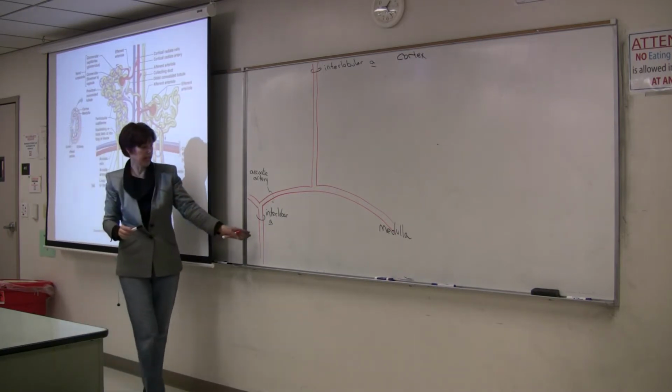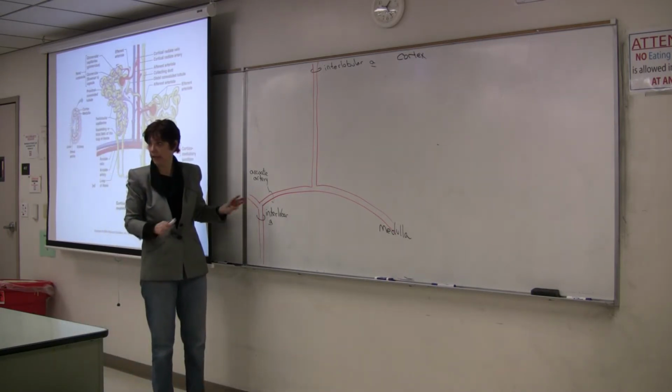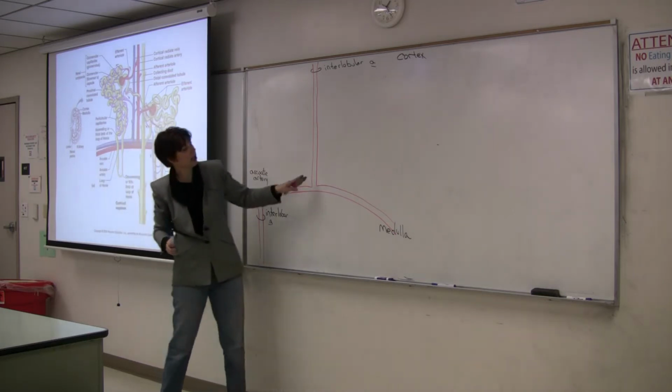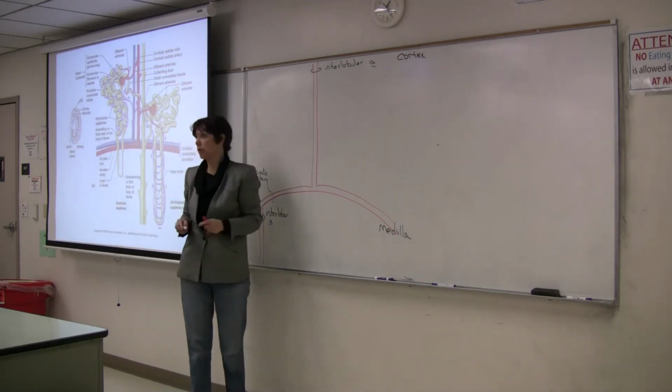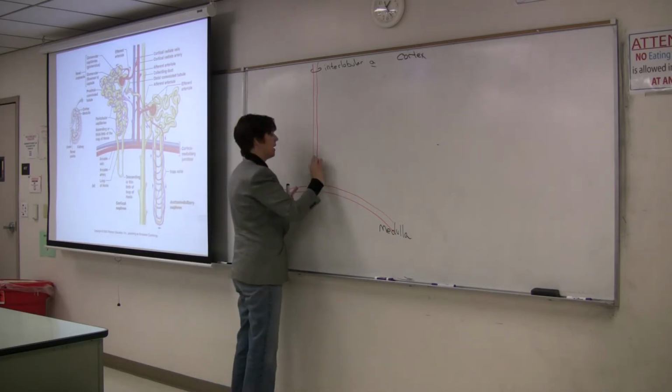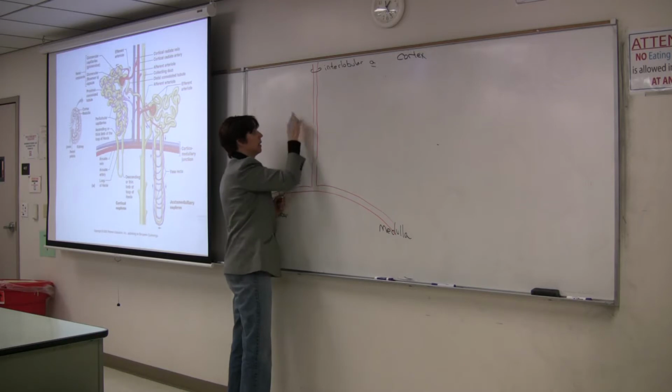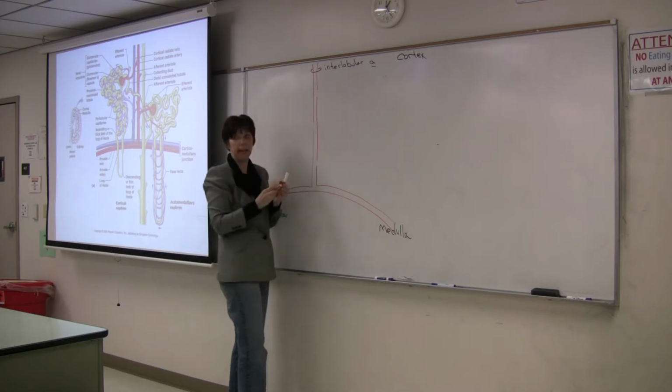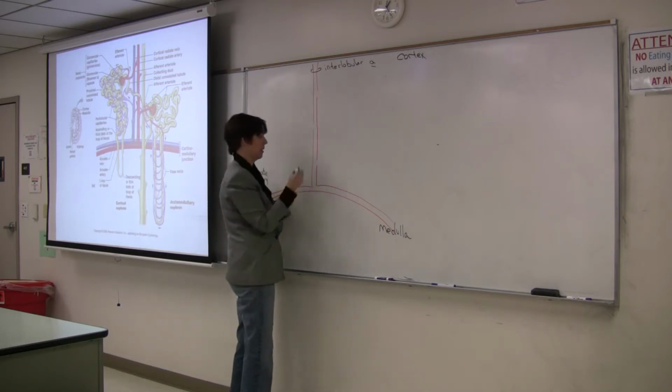So as blood comes in, it comes up the interlobar artery, goes through the arcuate artery, comes up the interlobular artery, and branching off of the interlobular artery, we have the afferent arterioles.